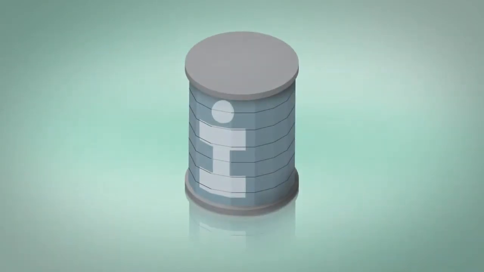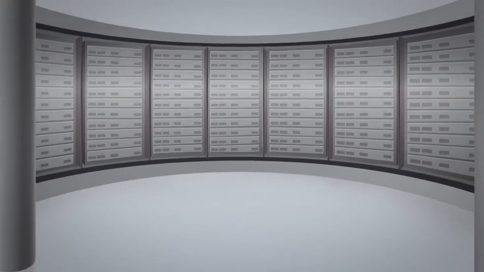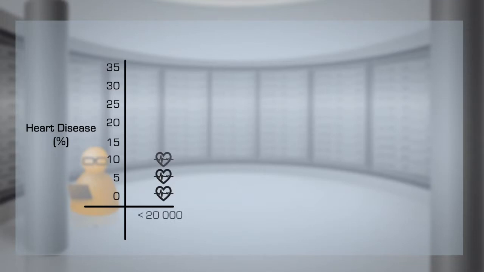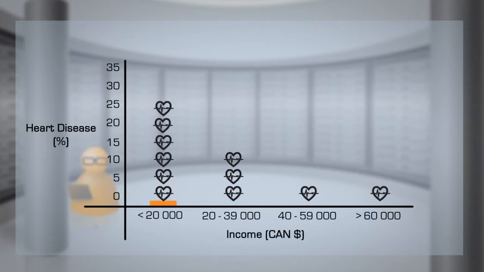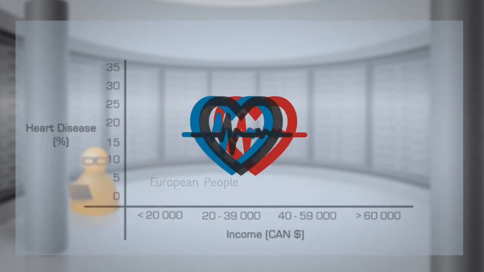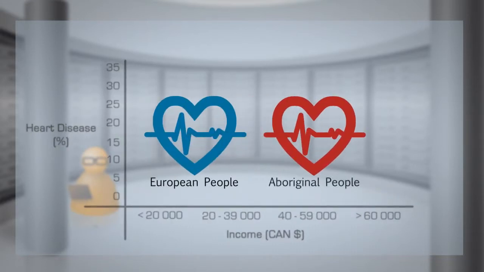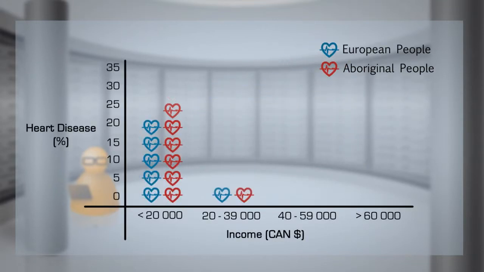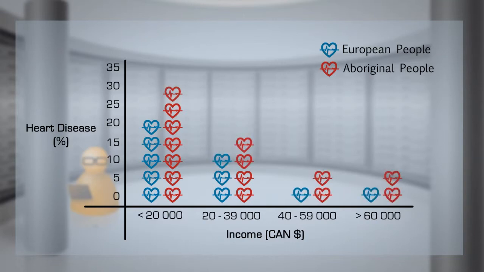Let's look at an example of how a researcher may use information about income and race to examine a health-related issue. Several years ago, researchers compared the amount of heart disease among people with different income levels. They found that heart disease decreased steadily as income level increased. When these same researchers compared the records of European people with Aboriginal people, they found that heart disease was more common among Aboriginal people in each income category.